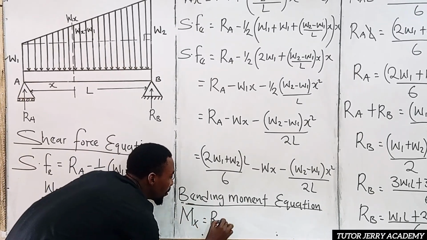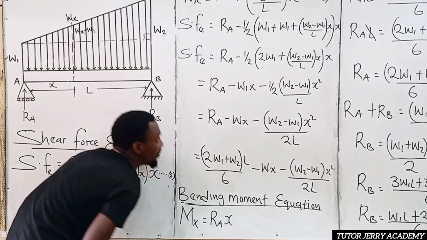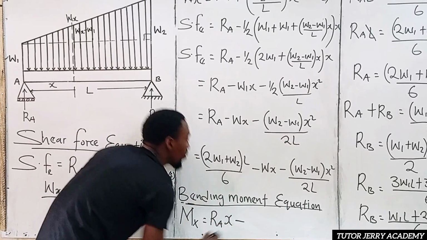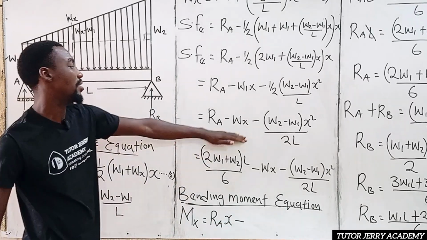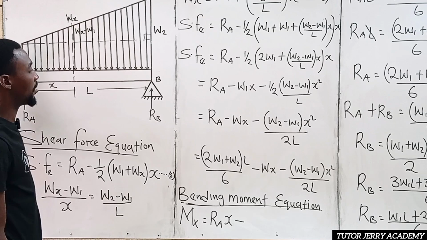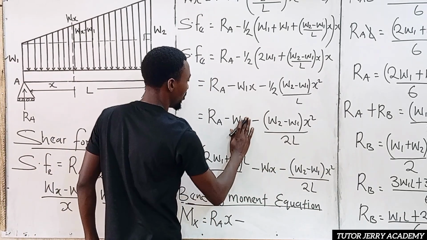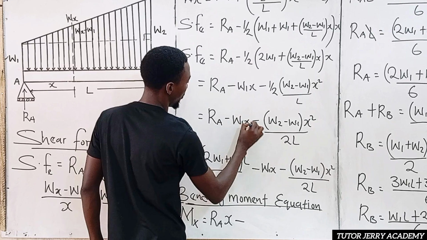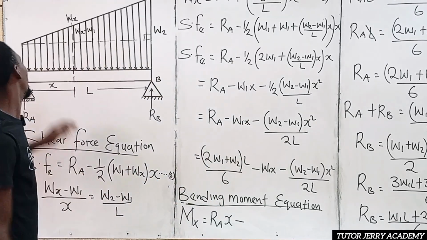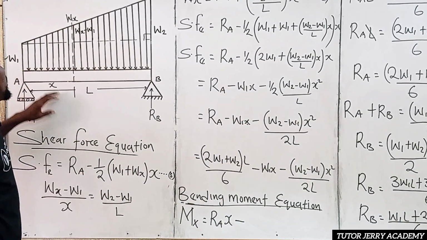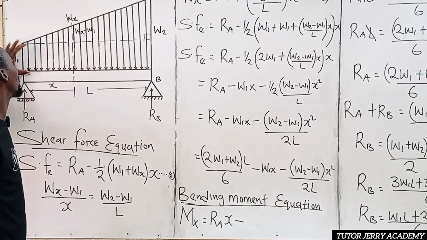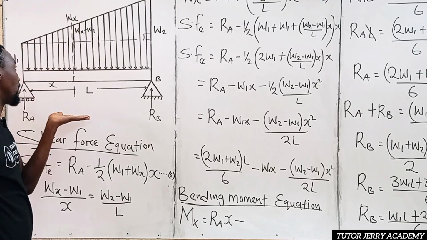You can say RA multiplied by S, then minus, now this WS. Now we know that this is supposed to be W1, not WS. Supposed to be W1S. All right. So this W1S is our uniform distributed load that is converted to a point load.